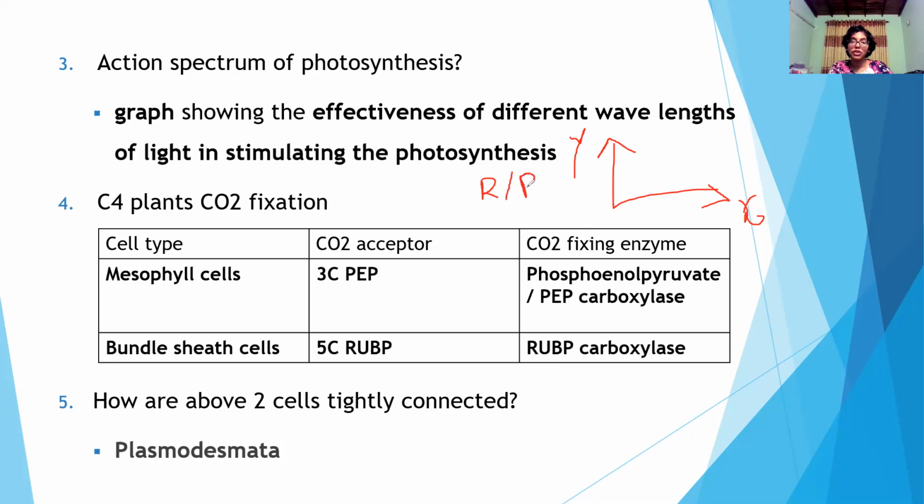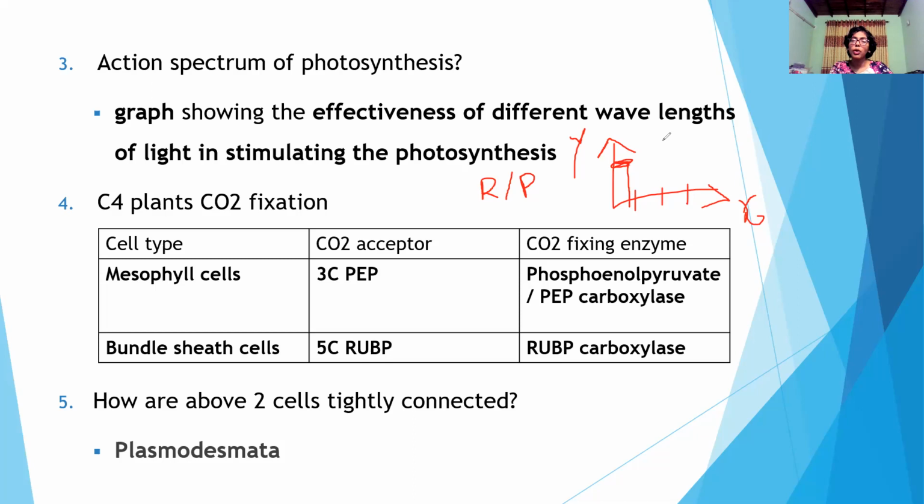Then in the x-axis it is the wavelength. We have different wavelengths coming from the sunlight. So here you can see the rate of photosynthesis at each and every point, and it might vary.